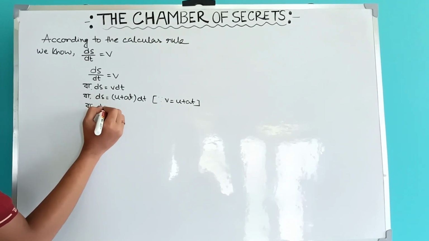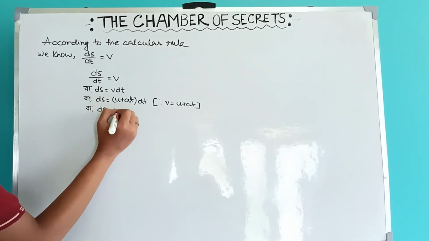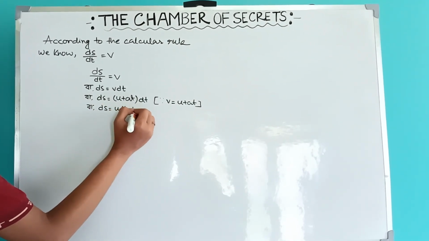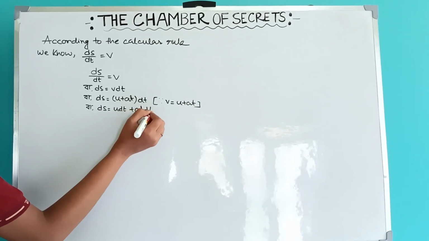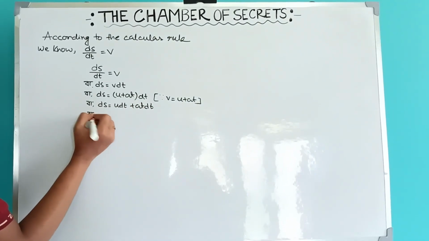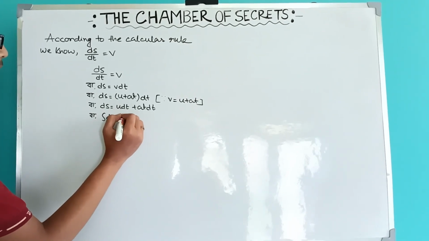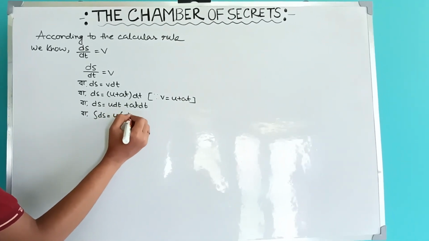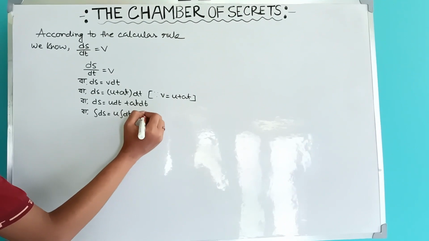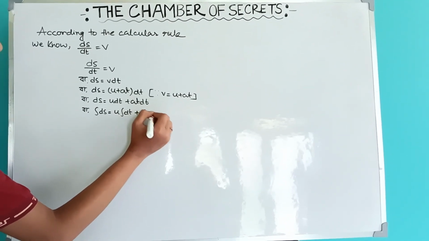Or ds = u dt + at dt. And now we will take integration. ∫ds = ∫u dt + ∫at dt.